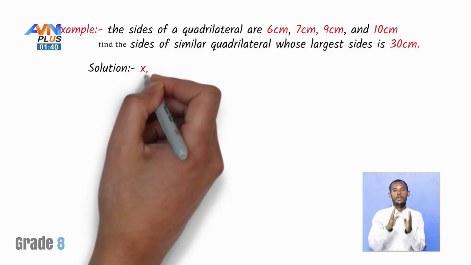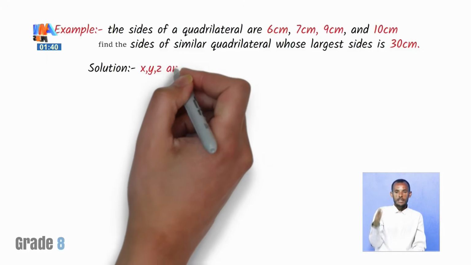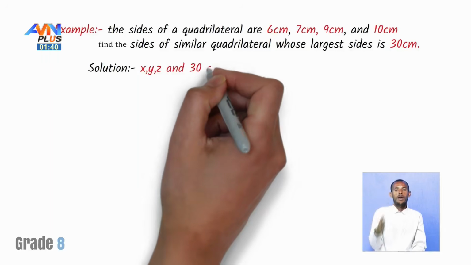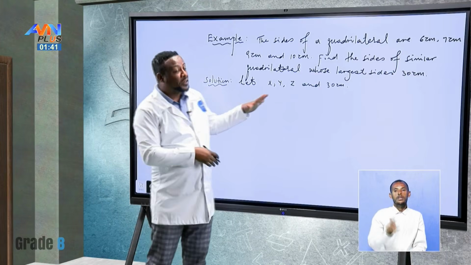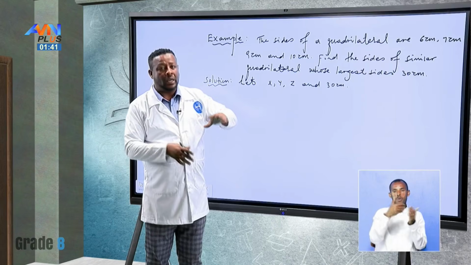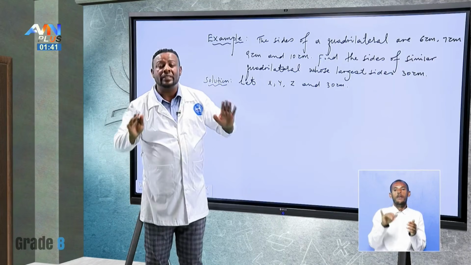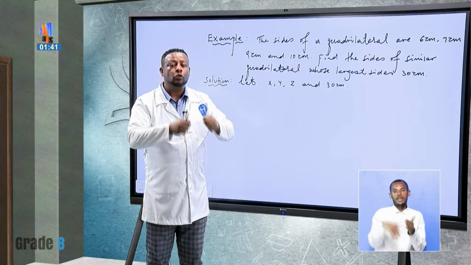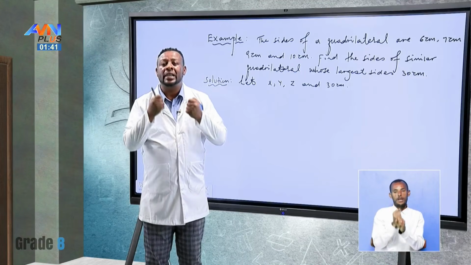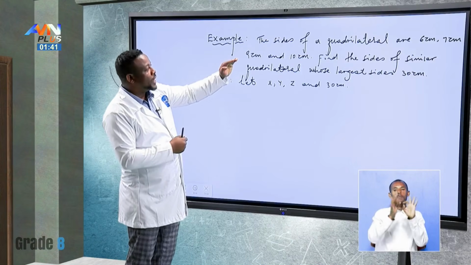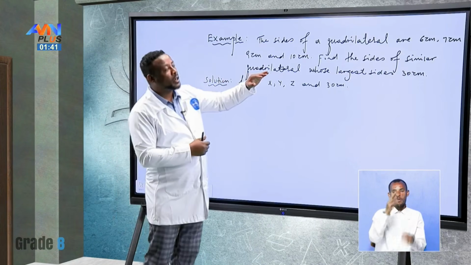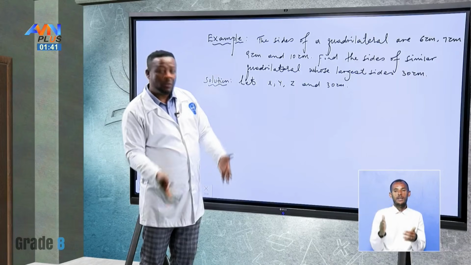Let the sides of the unknown quadrilateral be x, y, z, and the largest one is known, which is 30 centimeter, right? You can represent all the unknown sides by a certain variable, x, y, z. Then the next step is you need to properly apply the condition for similarity, right? So by definition, the ratio of the corresponding sides must be the same.